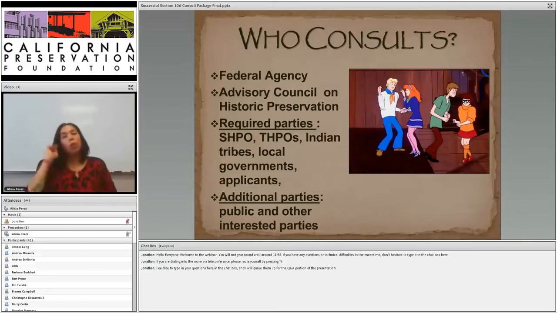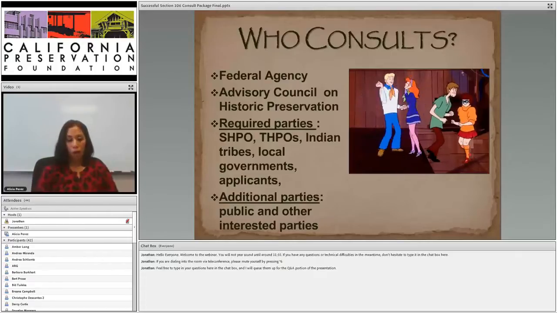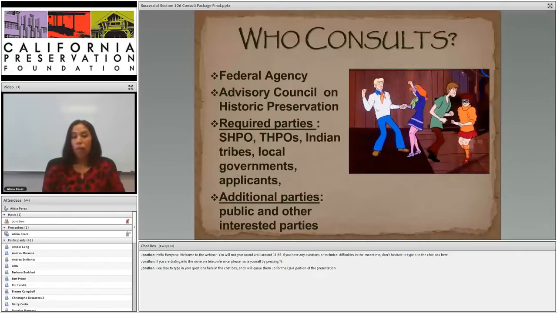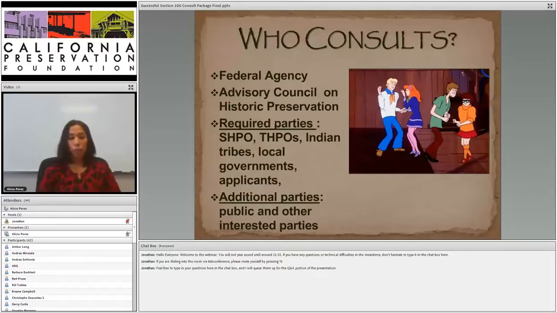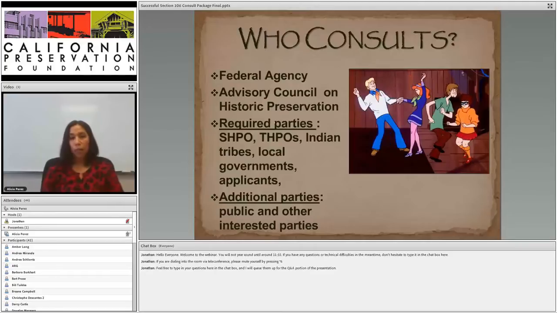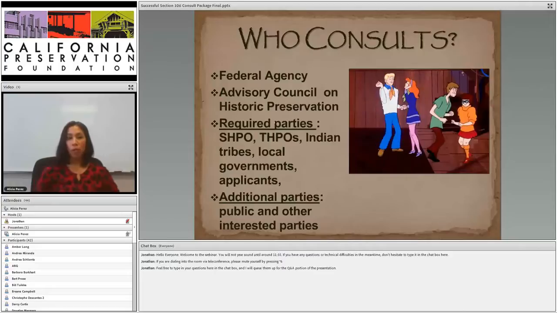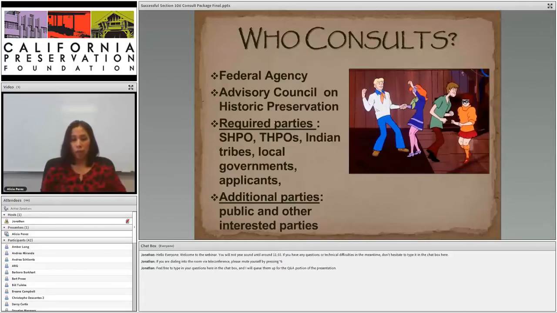So let's talk about who consults throughout the Section 106 process. The federal agency, of course, because they have the legal and financial responsibility to comply with Section 106. An agency can authorize the applicant to consult with the SHPO, but they still remain legally responsible for all determinations of eligibility and findings of effect.